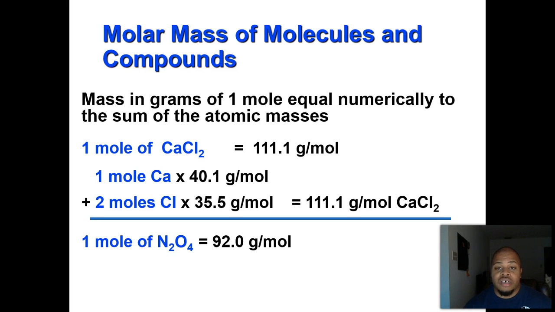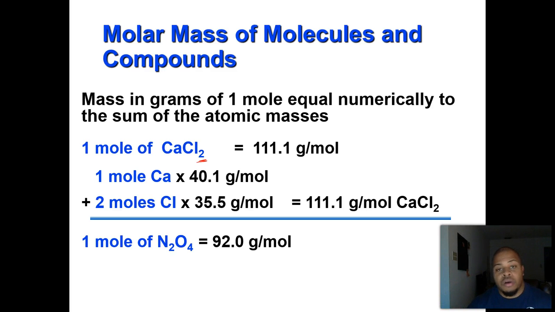It has a total mass of, well, let's look at it, 111.1. How do we get this value? Well, we know that calcium has a mass of 40.1, and we have 2 moles of chlorine. How do I know it's 2 moles? Take a look at the formula right here. That nice little subscript 2 tells me I have 2 chlorines involved. So that means I have to have 2 times the mass of chlorine.